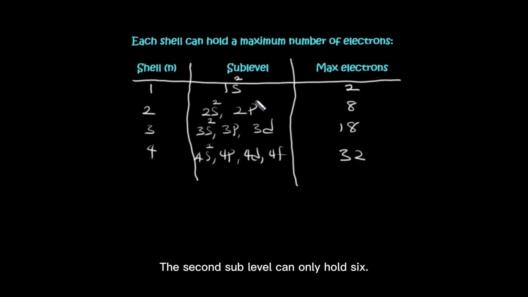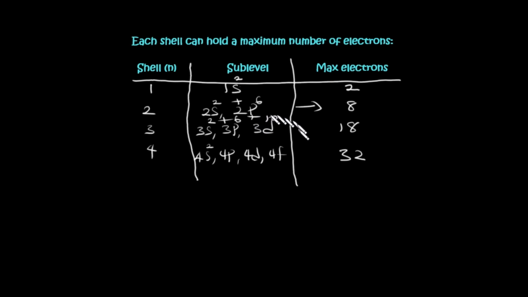The P sub-level can only hold 6. 2 plus 6 gives us 8. The D is 10, so 2 plus 6 plus 10 will give us 18. That is how we got this 18. This one can only hold a maximum of 32 electrons. This is 2, this is 6, this is 10, and this is 14. If you add all these, you will get 32 maximum electrons.